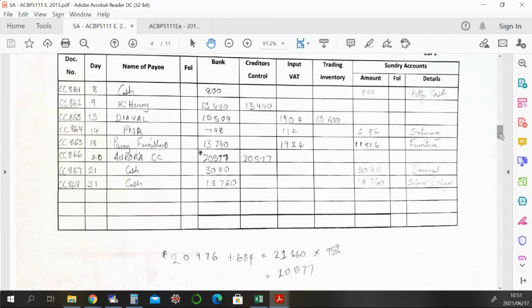Then the last one, draw a check for weekly wages. Again, there you could have just written cash withdrawal, or you can put cash, and then you put that there. We know that salaries and wages are exempt, so we're not calculating VAT on that. And then you just put it under sundry, and you see salaries and wages.